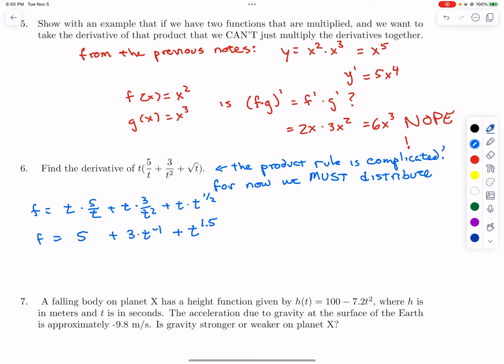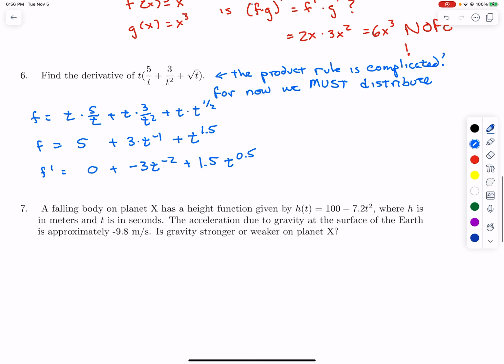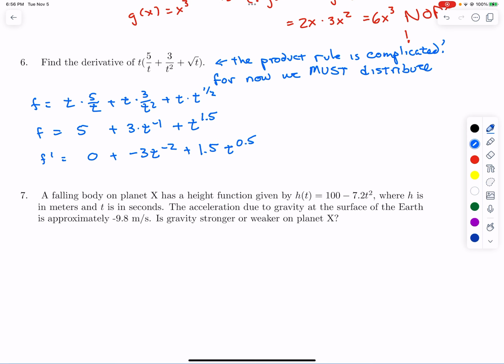I don't care. f prime is 0 plus negative 3t to the negative 2. We pop the exponent down. And then 1.5 t to the 0.5. There we go. A little note. Remember, the other notation for derivative is dy/dt in this case.